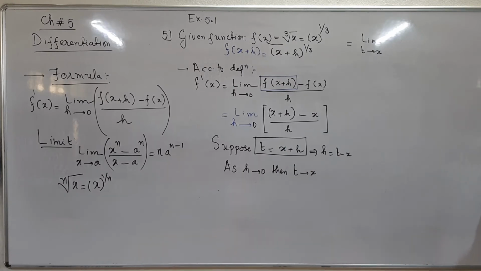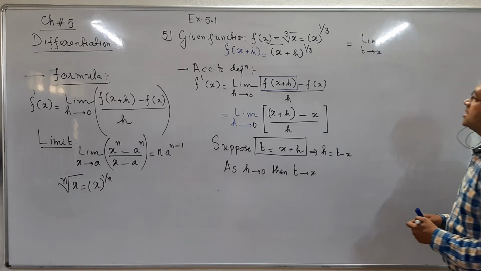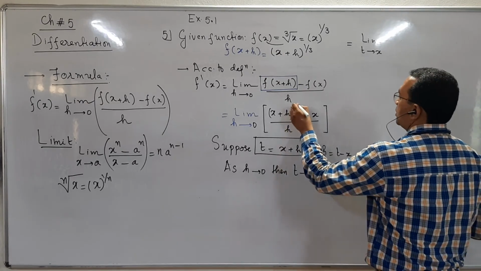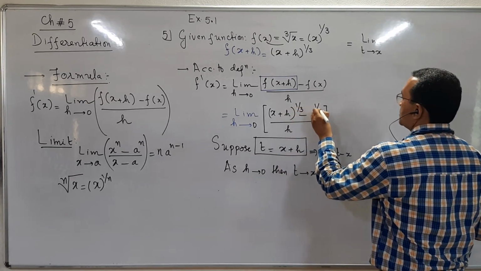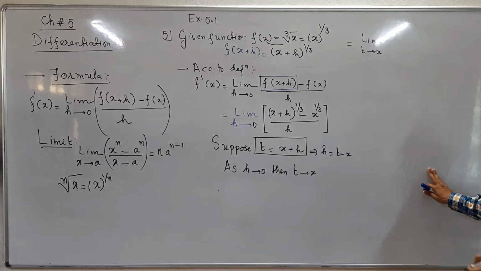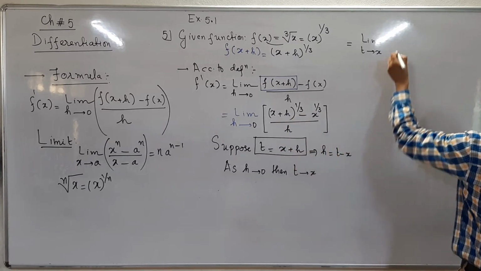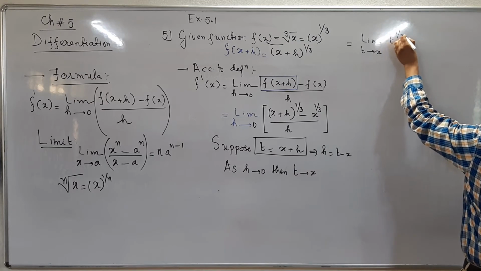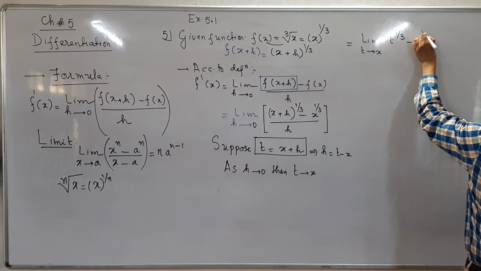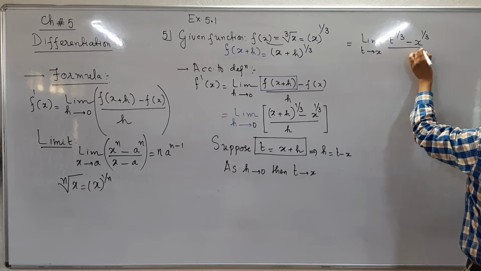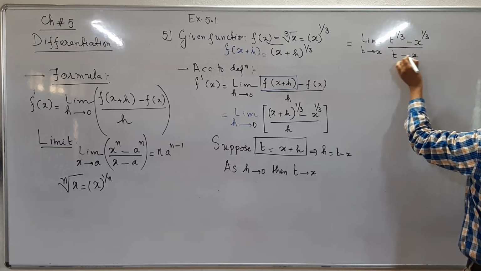So, now, what are the only changes? This power will become 1 by 3, this power is 1 by 3. So, finally, x plus h is replaced by t, so t raised to 1 by 3 minus x raised to 1 by 3 upon t minus x.